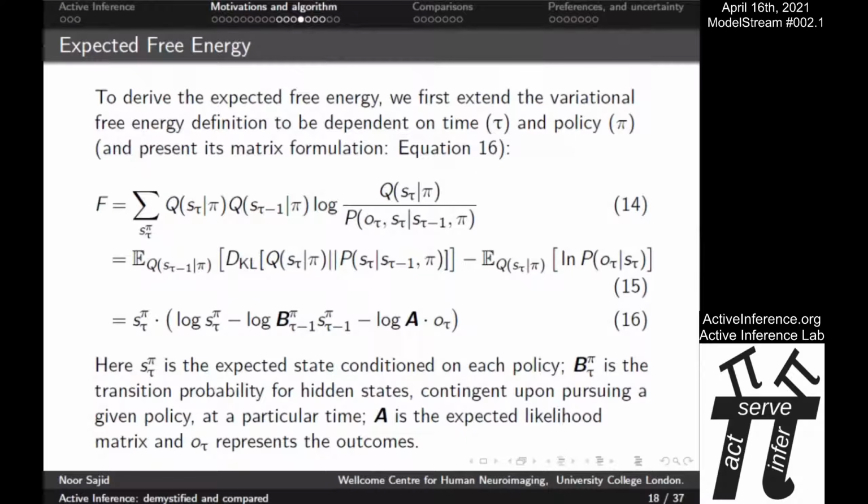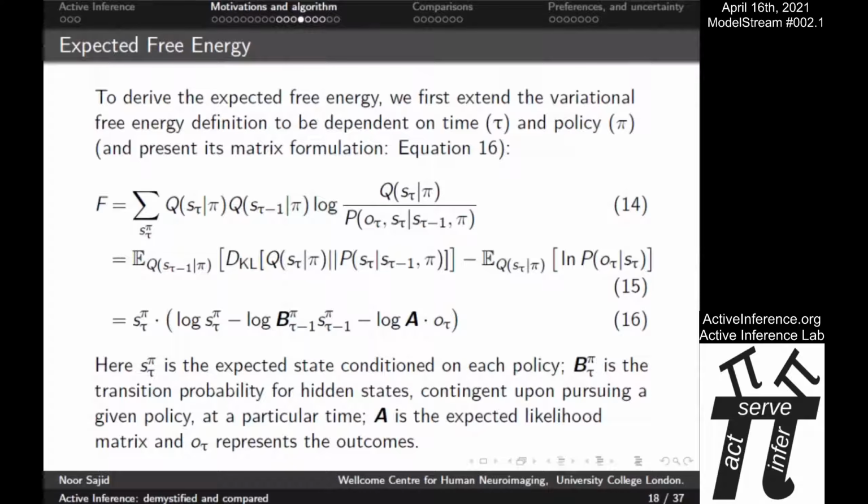Okay, so I'm going to move a little bit and consider the quantity of interest, the expected free energy, which is how do we even derive it? In order to derive it, we first need to extend the variational free energy definition that we had a few slides ago, and now make it dependent on both time, tau, and policy.